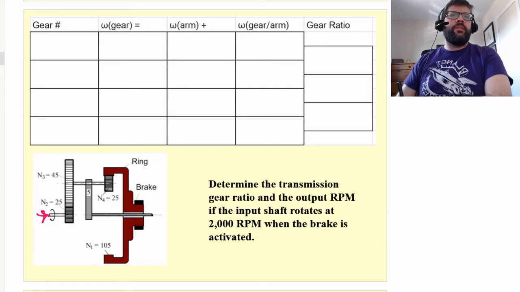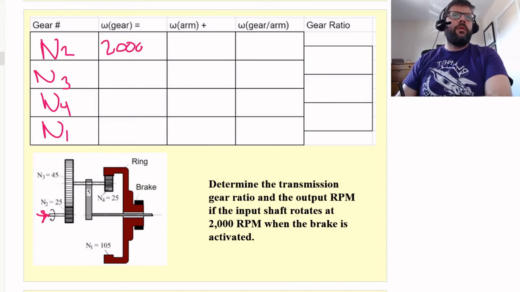So we'll start off with the sun. Rotational speed of the sun is 2000 RPM. And we also know that the brake is activated.